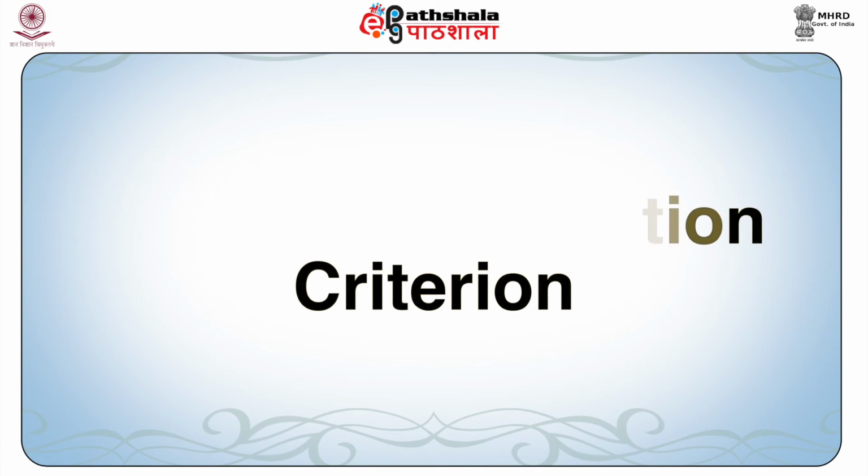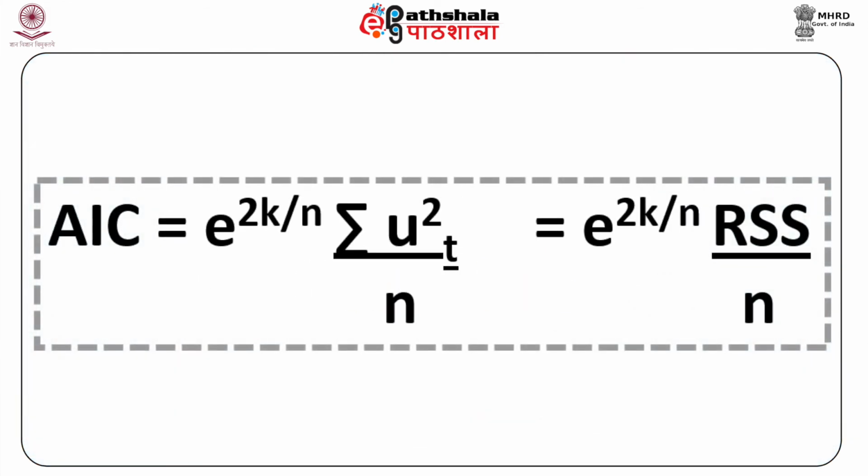Akaike's information criterion. The idea of imposing a penalty for adding regressors to the model is further established by the AIC criterion, or Akaike information criterion, which is defined as AIC is equal to e to the power 2k divided by n, times summation u t square divided by n, which is equal to e to the power 2k divided by n times RSS, or residual sum of squares, divided by n, where k is the number of regressors and n is the number of observations.